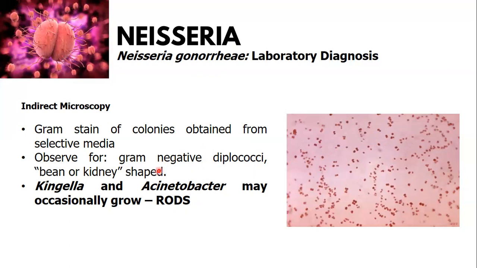Take note that these findings in indirect microscopy, namely gram-negative diplococci, bean or kidney-shaped, are the important findings that must be established before performing the presumptive biochemical test for the confirmation of the presence of Neisseria.